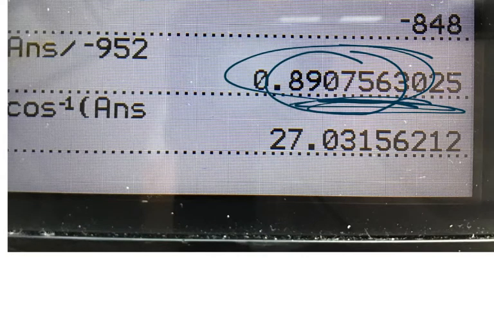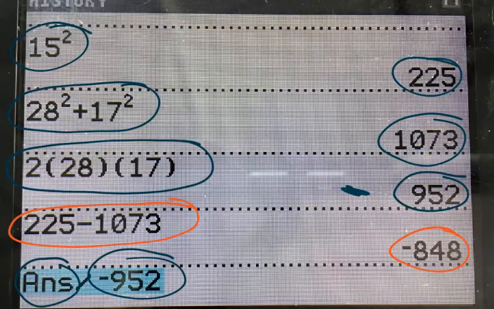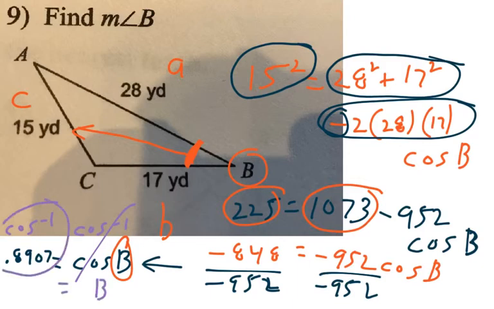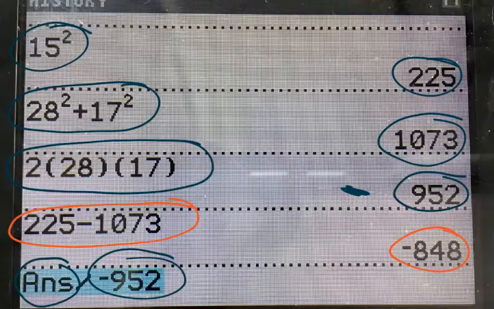Don't clear it out. Notice I did not clear it out in my calculator, because now to find the B right here, I'm going to do cosine inverse on both sides, because that gets rid of cosine, right? And so my angle B is going to be whatever the cosine inverse of that 0.8907 is, right?